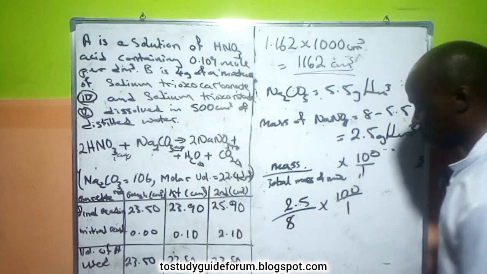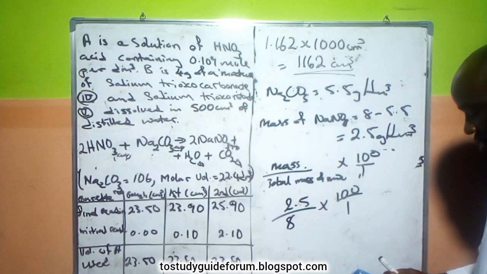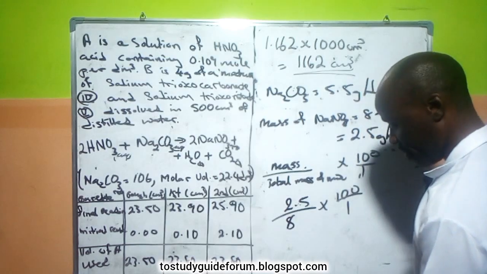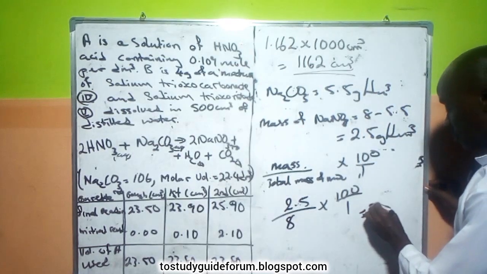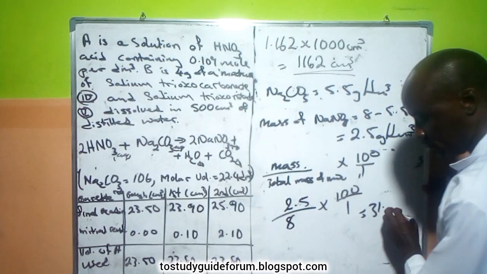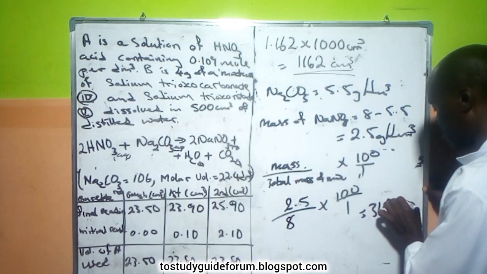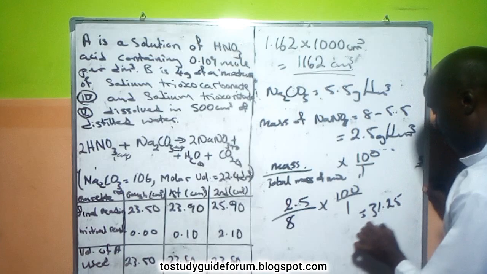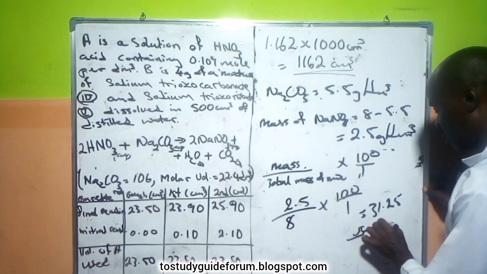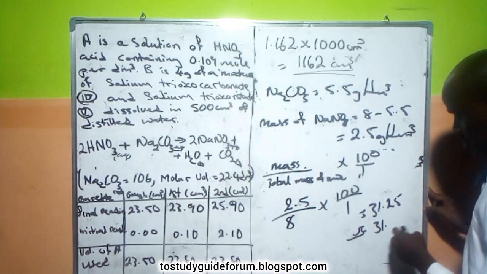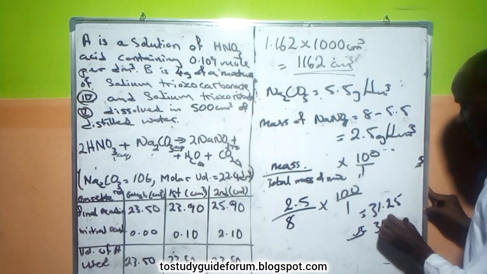Let's see what we have. Divided by 8 times 100, we have 31.25, which is approximately 31%.